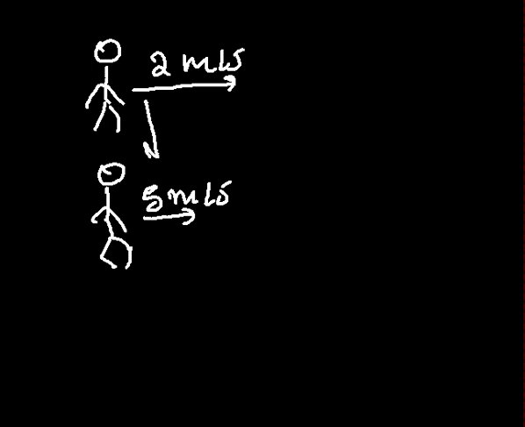Now when you look at this person, what is the velocity with which this person is moving with respect to you? And when this person looks at you, what is the velocity with which he sees you moving with respect to his own velocity? That's the point of interest in relative motion.